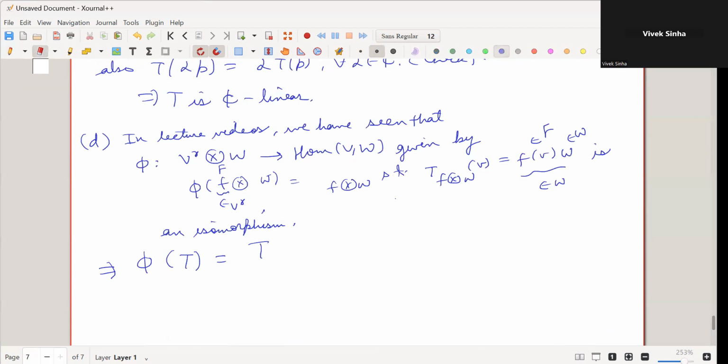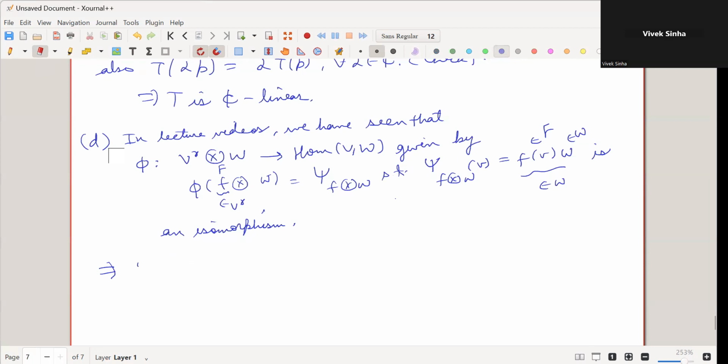Maybe psi I will use. Oh, maybe yeah, inverse thing. I think we need the inverse thing.